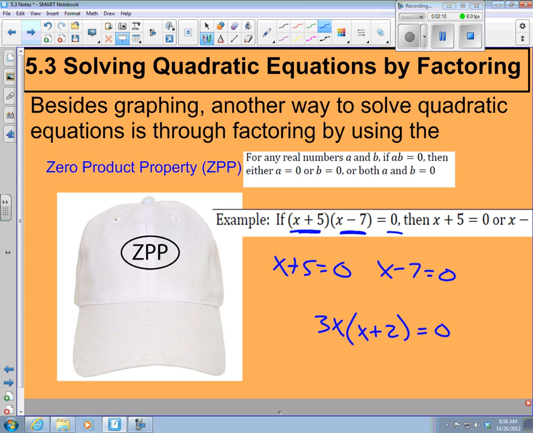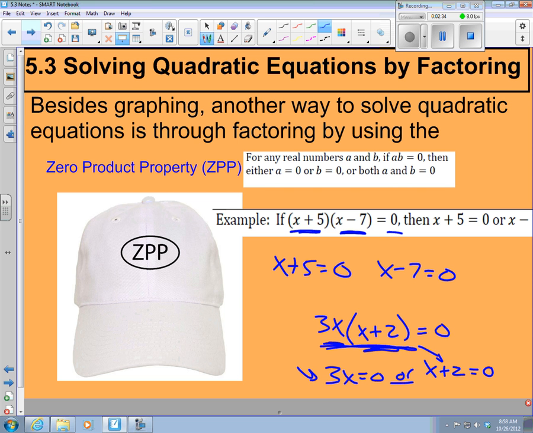How many factors do you have? 2. First one's 3x, second one is x plus 2. If 3x times x plus 2 is equal to 0, then 3x has to equal 0, or x plus 2 has to equal 0. So we take this equation of multiplication and split it up into 2 little equations. That's what the zero product property is.